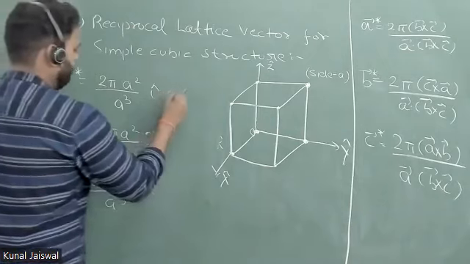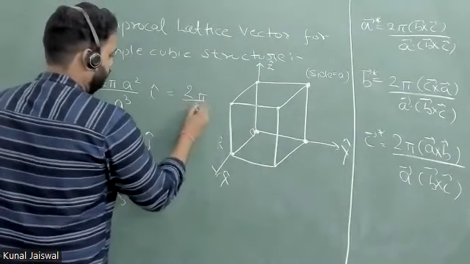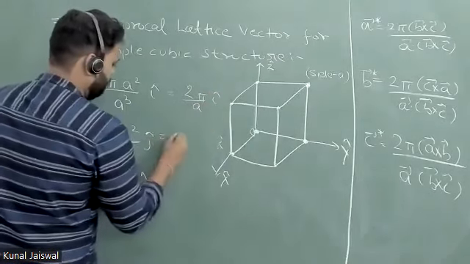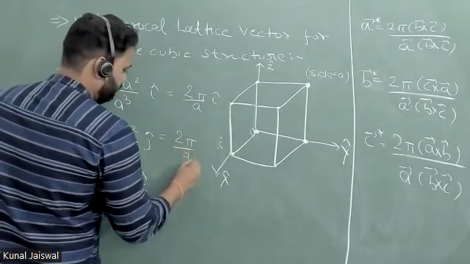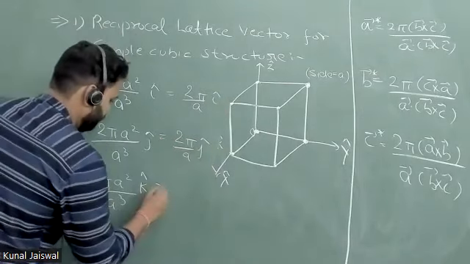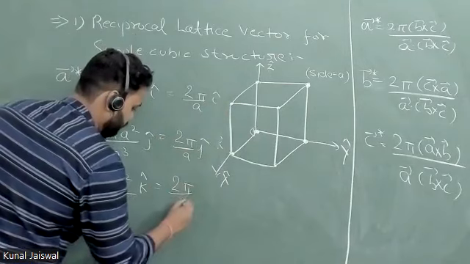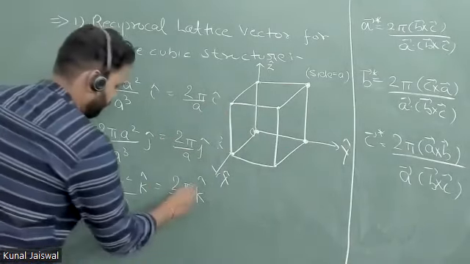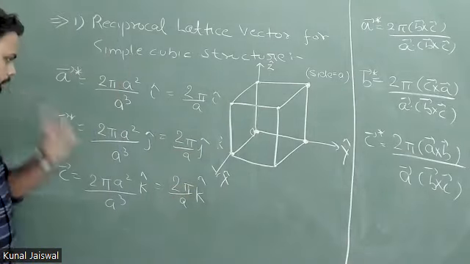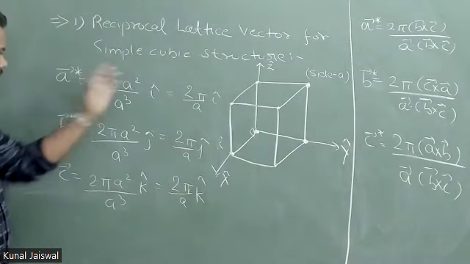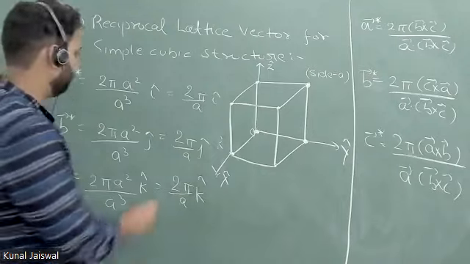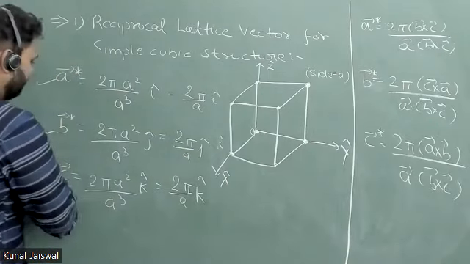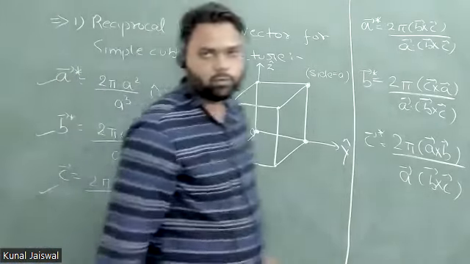That is 2 pi by A i cap, 2 pi by A j cap, and 2 pi by A k cap. That's what we got as our reciprocal lattice vectors. This is our reciprocal lattice vector.